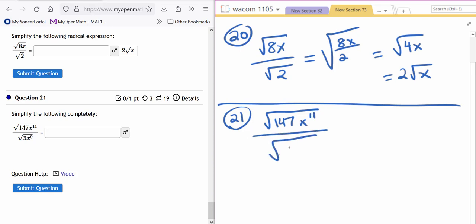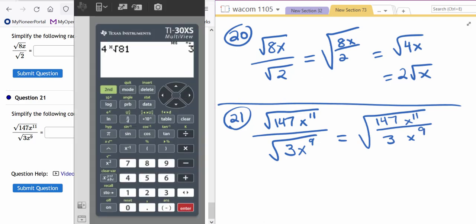So this one will work out better if you do put it back together as one piece. And so we can do that on our calculator. I'm just doing the division. 147 divided by 3 gives me 49.